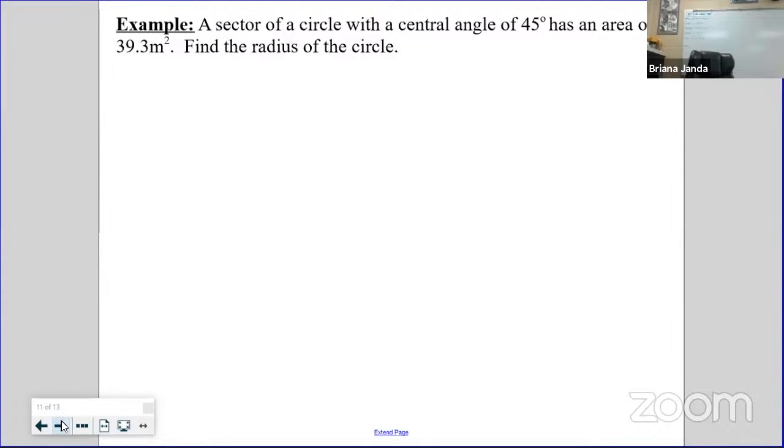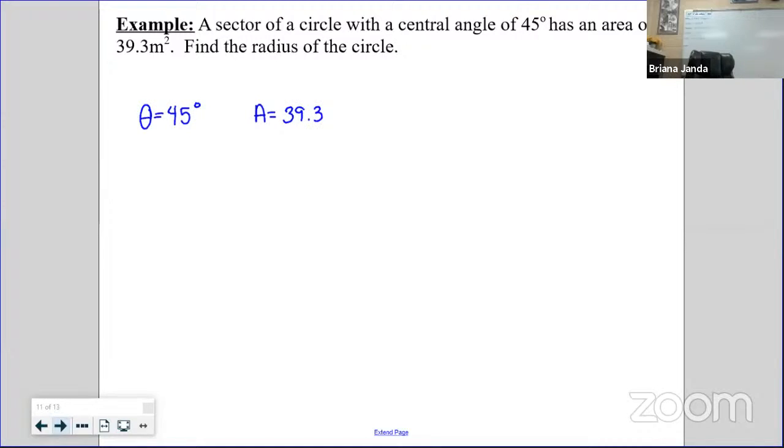Find the radius. Information given to us is that our central angle is 45, and very important that we recognize 45 degrees. They also tell us that the area of that sector is 39.3. The question is to find the radius.